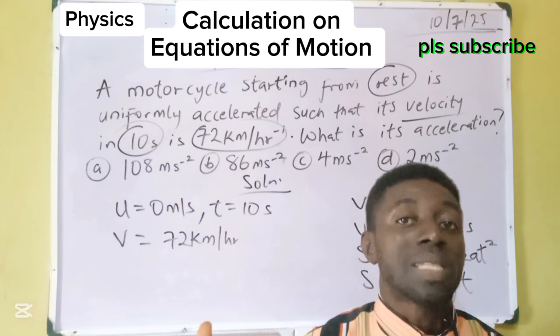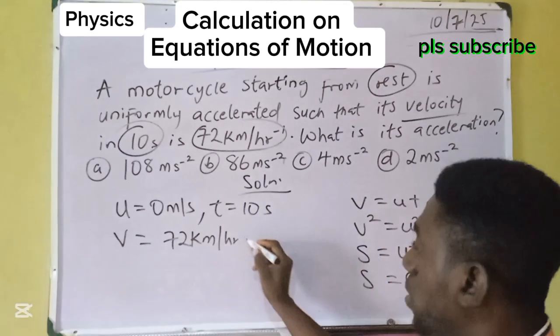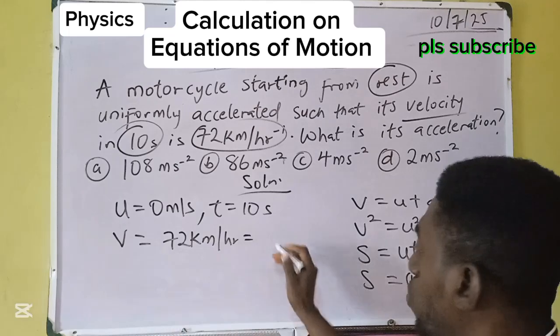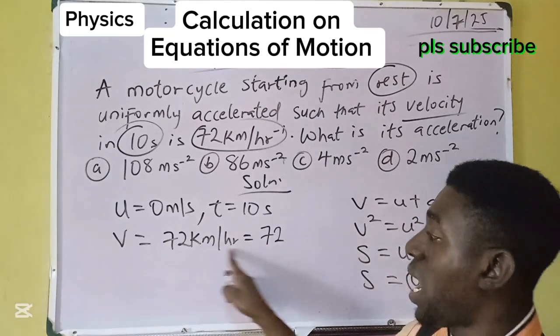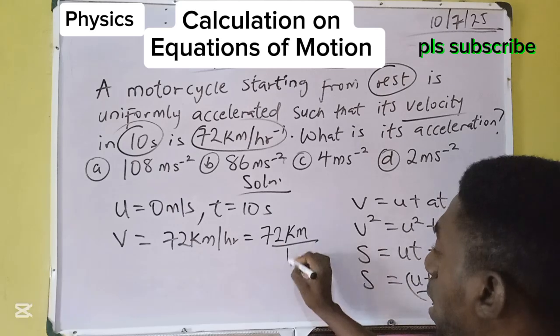So let's convert kilometer per hour to meter per second. A very simple conversion. Observe. Just take it natural. What's the number there? 72. Arrange these units better. It simply means kilometer per hour.